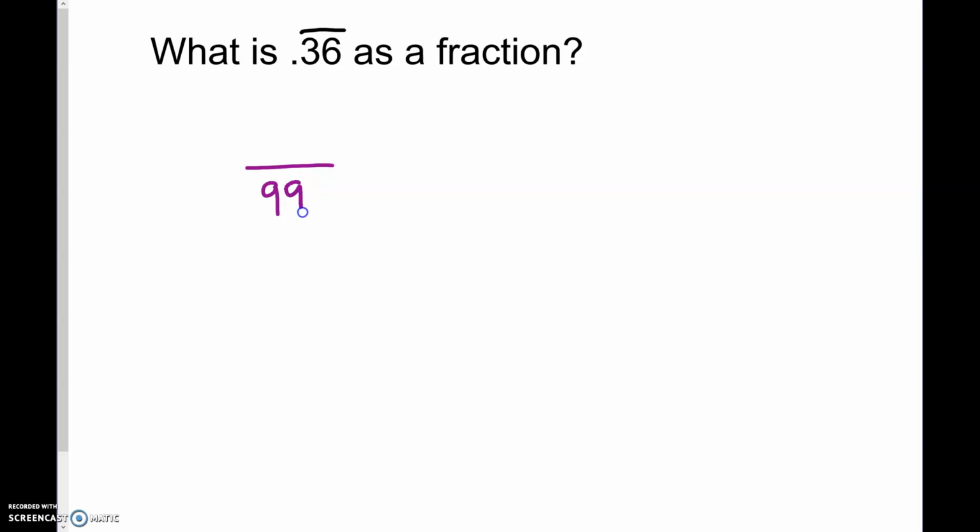So that means we have 99 on the bottom, and we can put 36 on top. Okay, now it looks to me like both of these are reducible by dividing by 9. So 36 divided by 9 is 4, and 99 divided by 9 is 11. So 0.36 repeating as a fraction is 4/11.